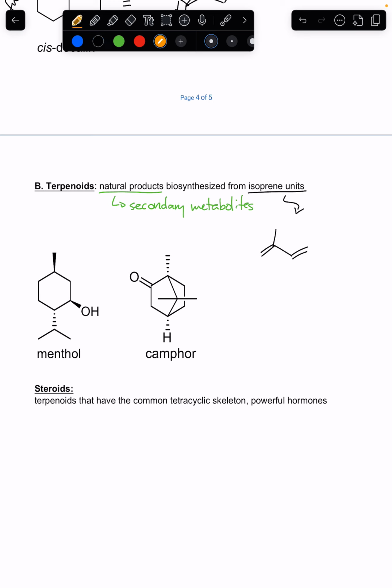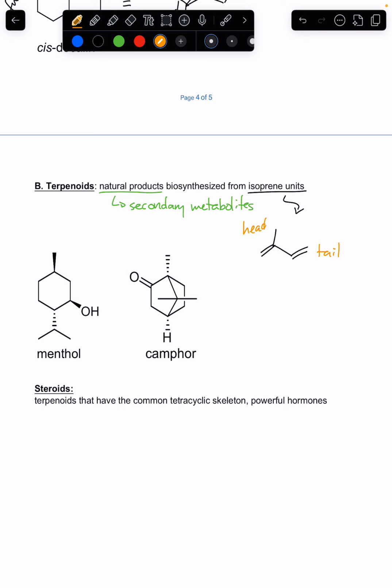And just so we can identify these easier, we would call this the head part, and this is the tail part of the isoprene unit. If you think of this like a fish, this looks like a tail. That's your head. And in menthol, this is the stuff that has that cooling sensation, like it's found in cough drops and such.